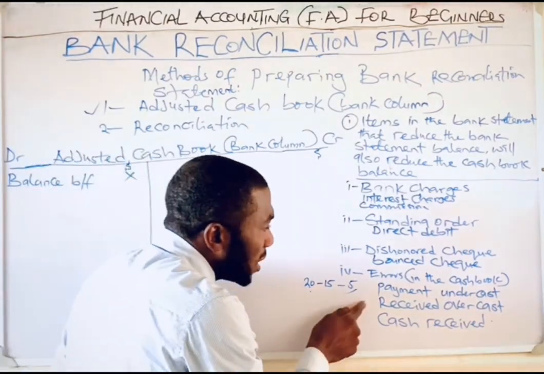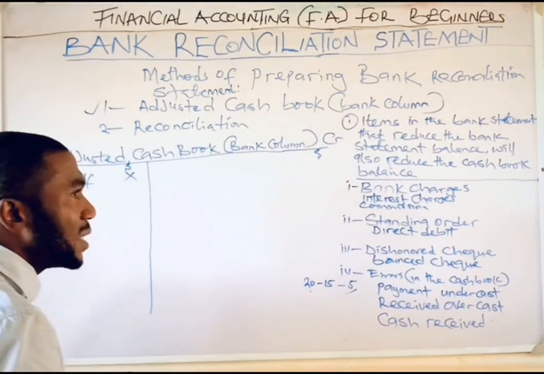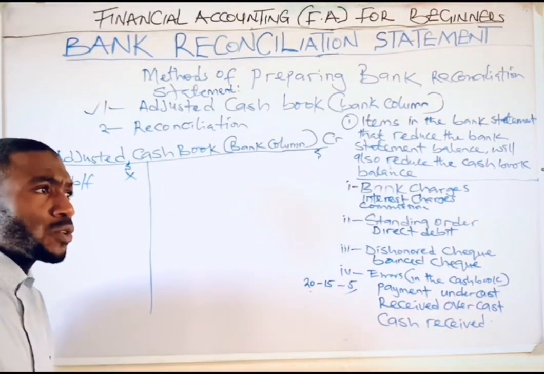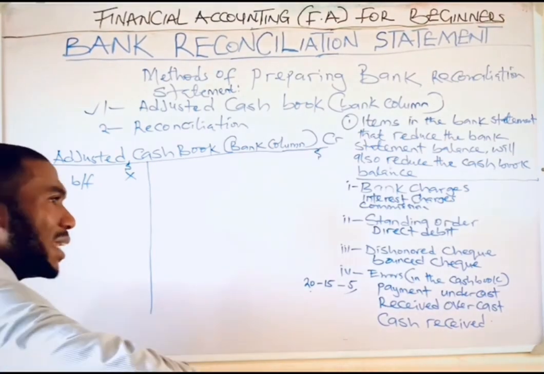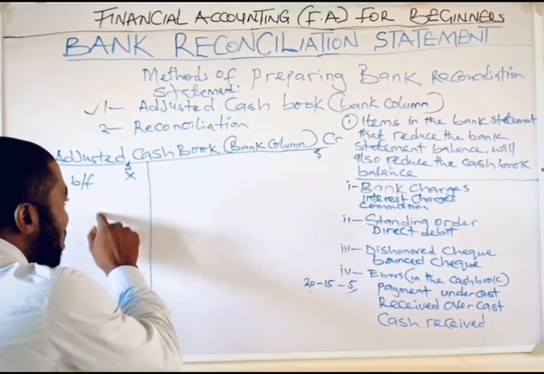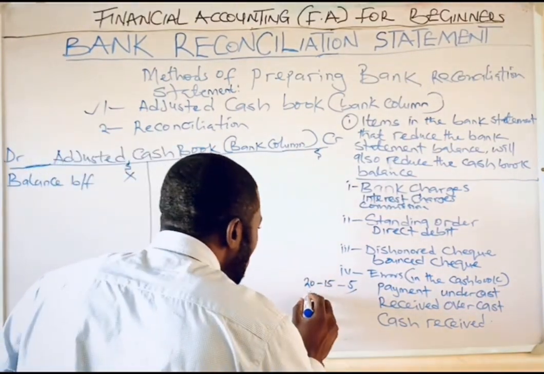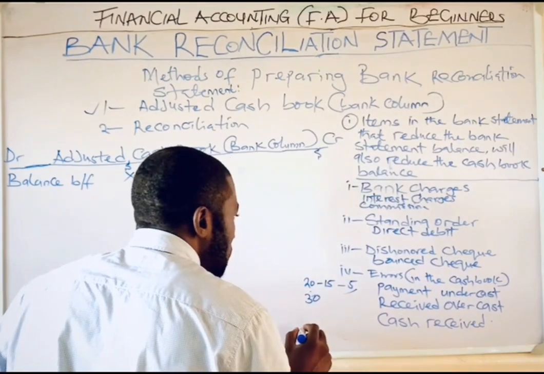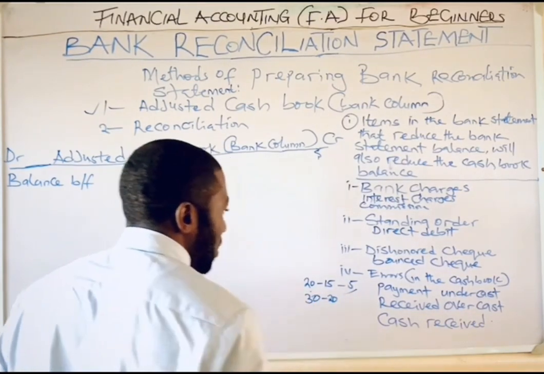And the second one is received overcast. Whenever we receive something higher than what we're supposed to receive, you must reduce it. So by reducing it, it will affect the balance of our cash book. Say we receive $30 and we're supposed to have received $20.